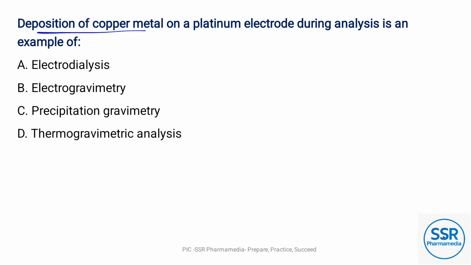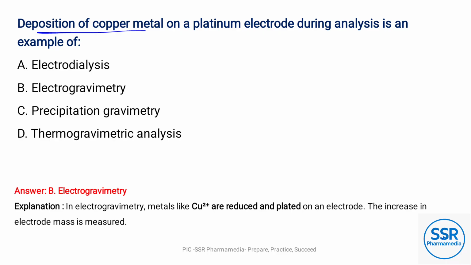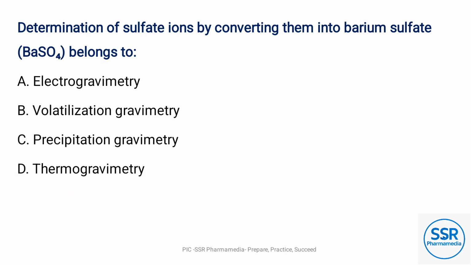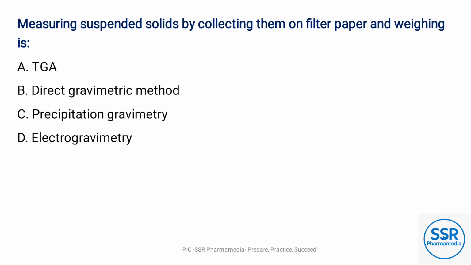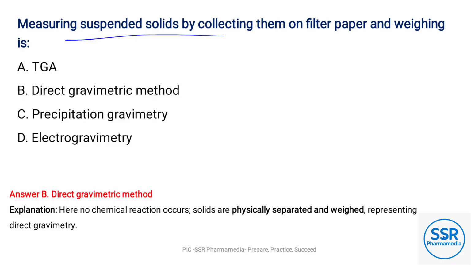Deposition of copper metal on a platinum electrode during analysis is an example of, option B, electrogravimetry. Determination of sulfate ion by converting it into barium sulfate belongs to, option C, precipitation gravimetry. Measuring suspended solids by collecting them on filter paper and weighing is, option B, the direct gravimetric method.